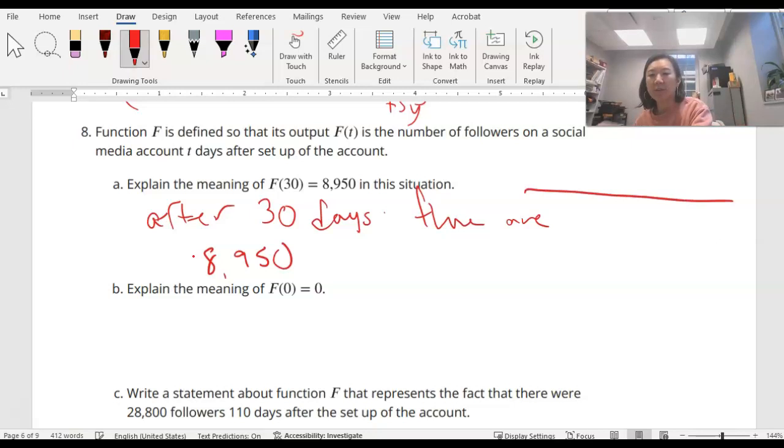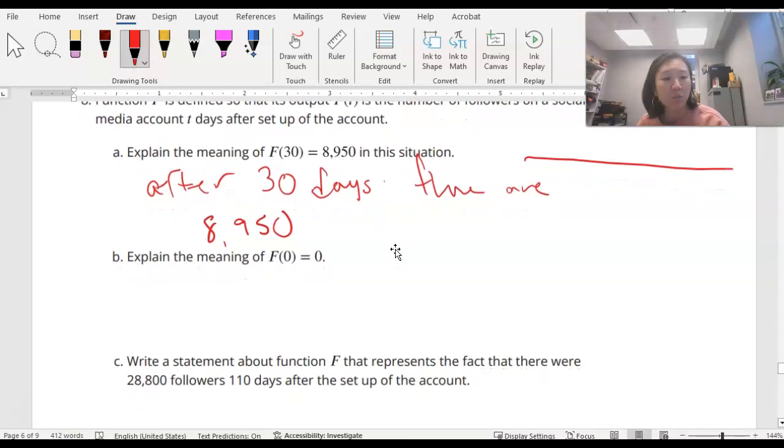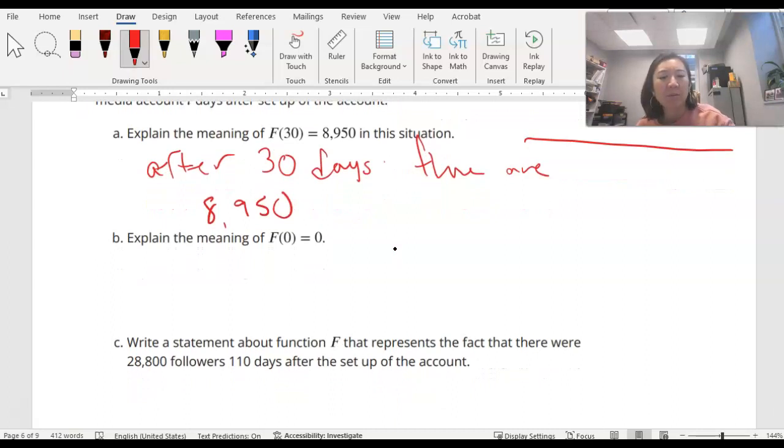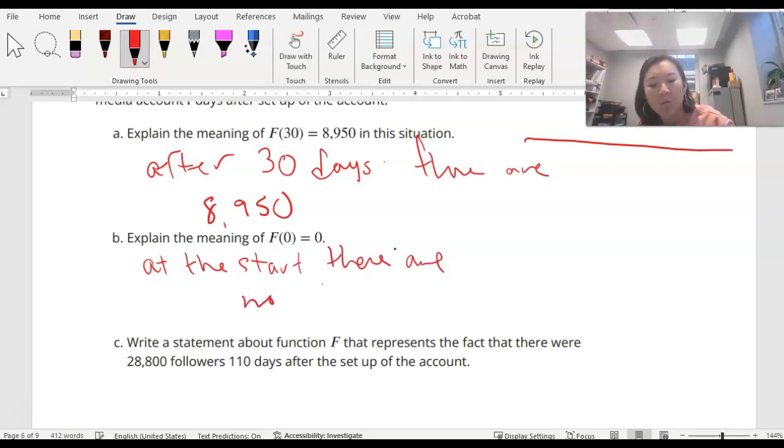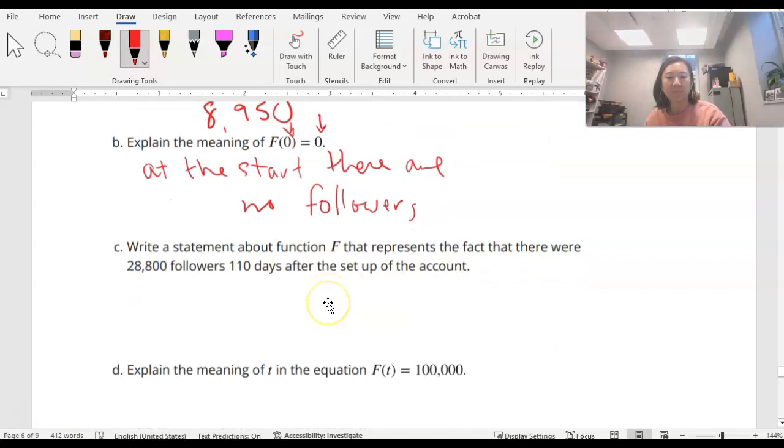If you're listening, write the word Instagram here. That will tell me that you are actually listening to this. So f of 0 equals 0 means at the start, there are no followers. So when they initially start, the input is 0 and the output is 0.